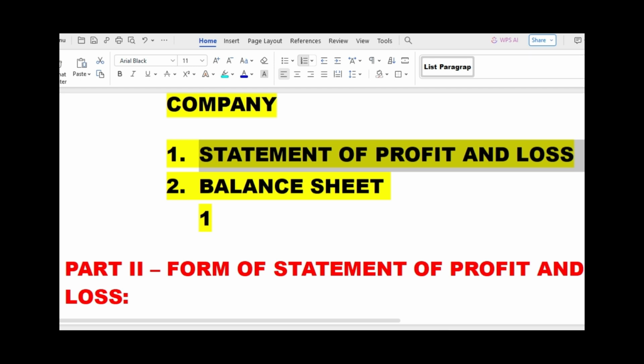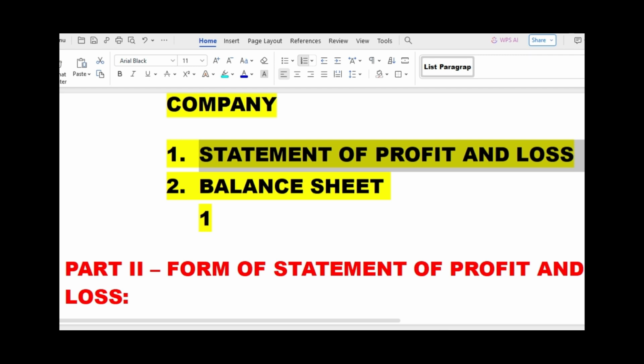The balance sheet contains assets and liabilities. Liabilities are again classified: owner's capital, and outsiders' liabilities. And liabilities are again classified as non-current liabilities and current liabilities. Similarly, assets are classified as non-current assets and current assets. So all these assets and liabilities show the financial position.